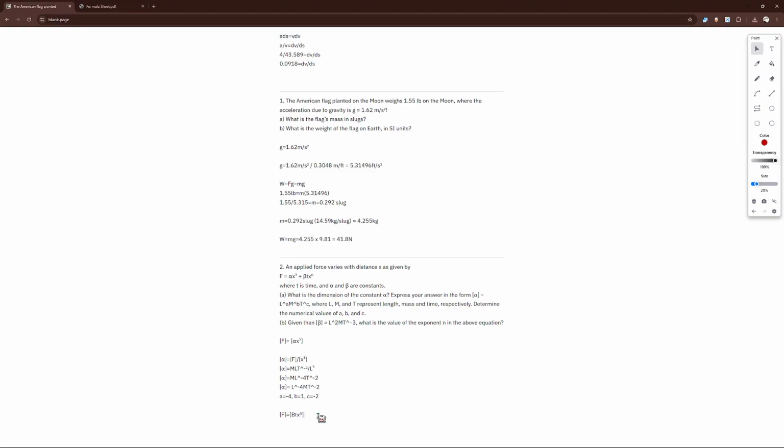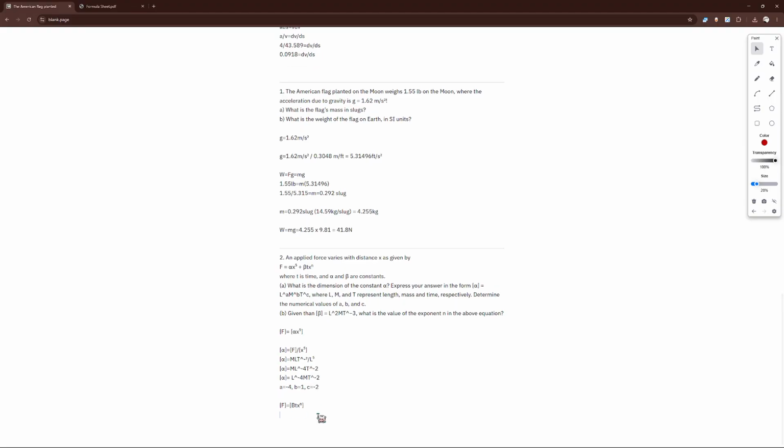All right. And now we're just going to match up the units. So as we already said, F is M L T to the power of -2. And then beta is L squared M T to the power of -3 times T, times L to the n, because x is length, right?